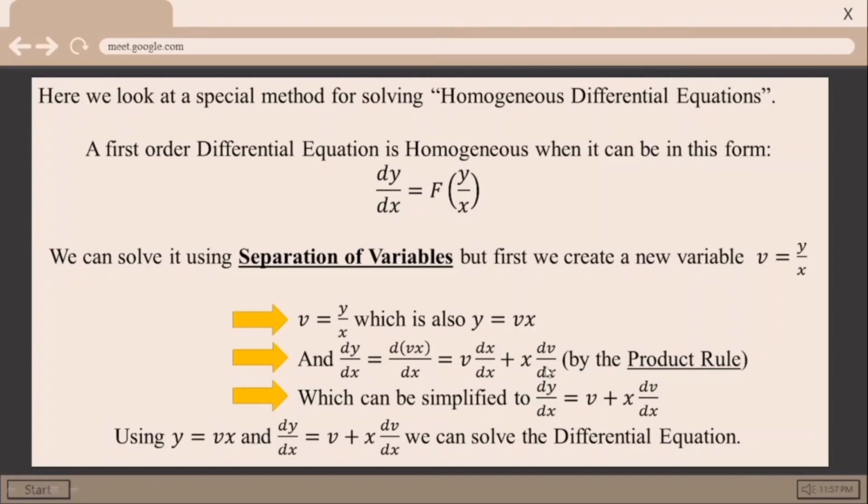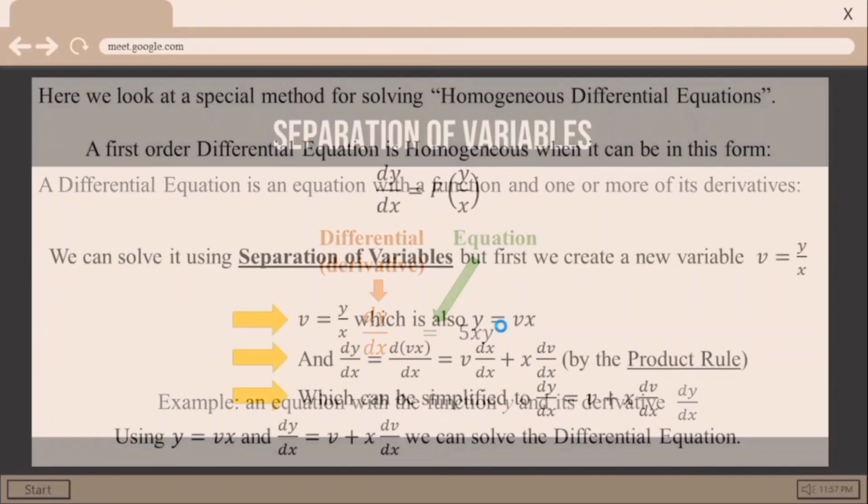This simplifies into dy over dx equals v plus x dv over dx. Using y equals vx and dy over dx equals v plus x dv over dx, we can solve the differential equation.